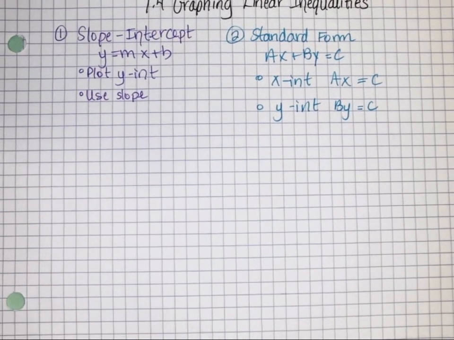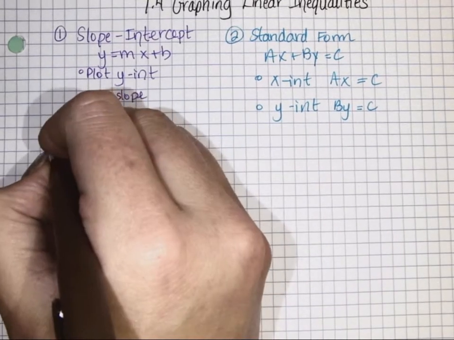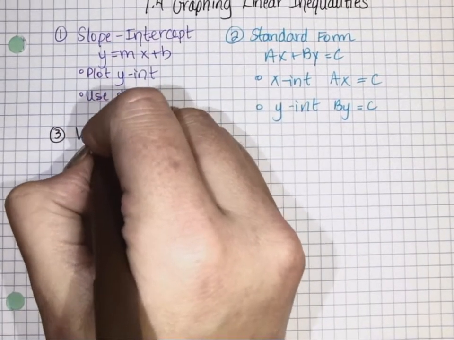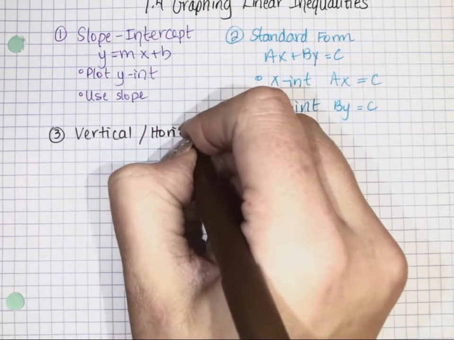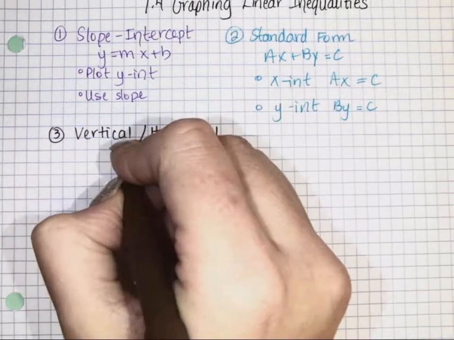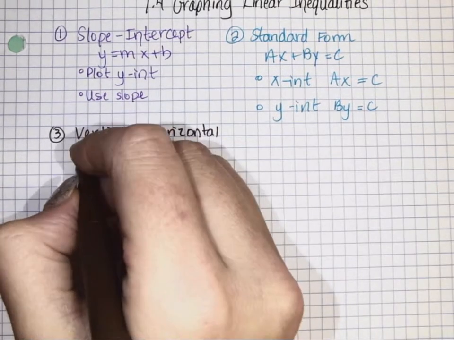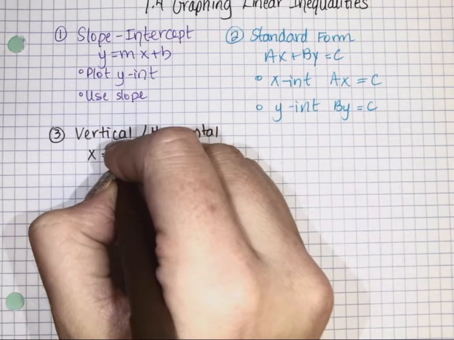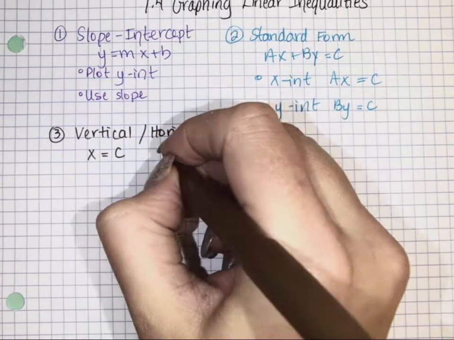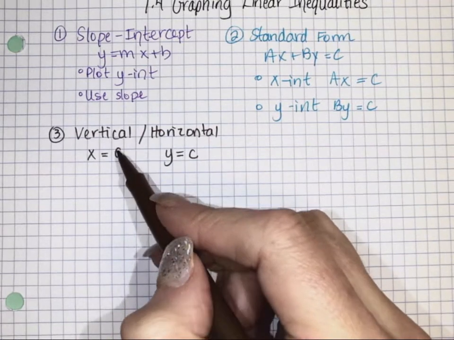Another type is if you have horizontal and vertical lines. I don't think I discussed that enough in the previous lessons. If you have x equals a number or a constant, or y equals a number or a constant, x equals a number is a vertical line.